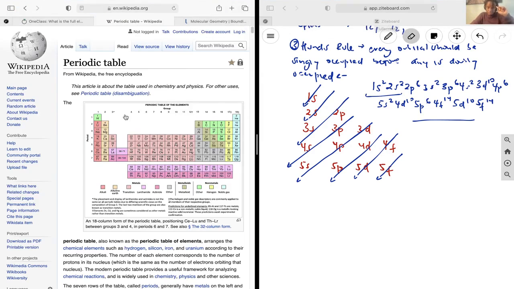If we read along the periodic table, you'll get the same order that is dictated by Madelung's rule.